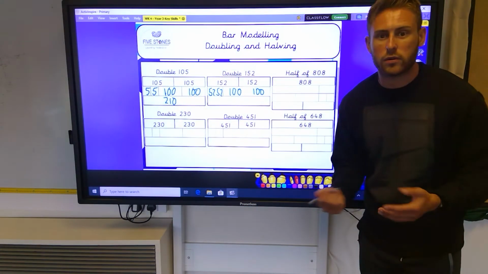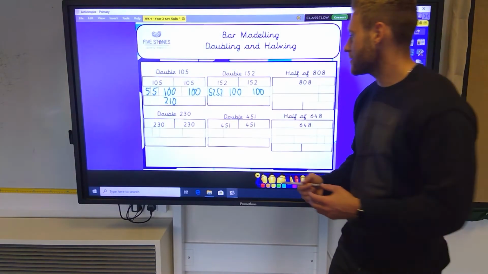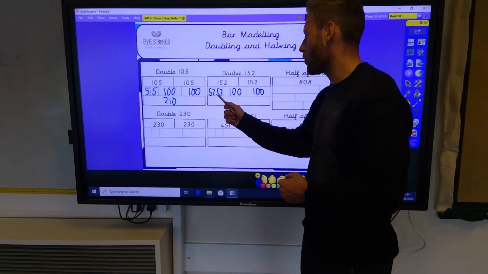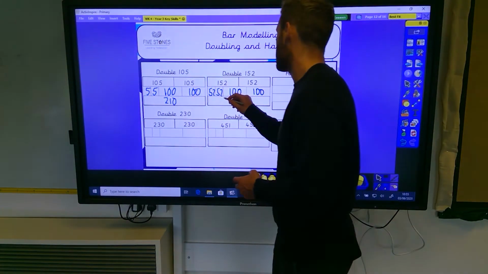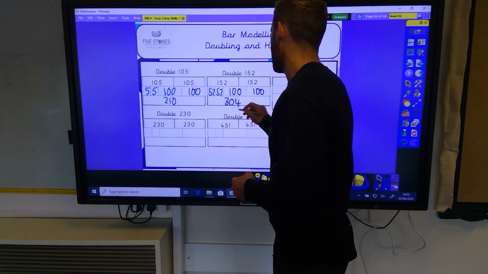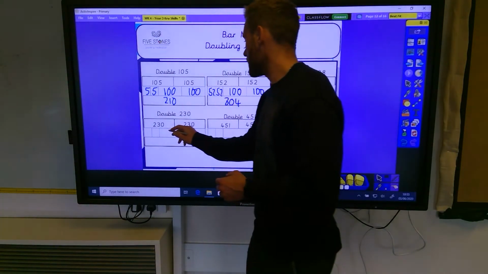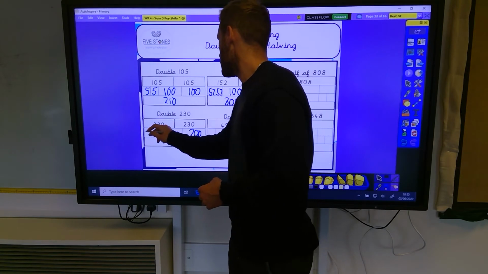Double 100 we know is 200. Double 50 is 100, and double 2 is 4. Fantastic, so we've got 104. 200 and 104 is 304. Fantastic.